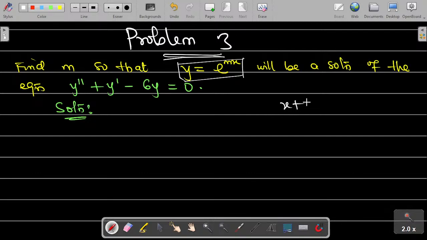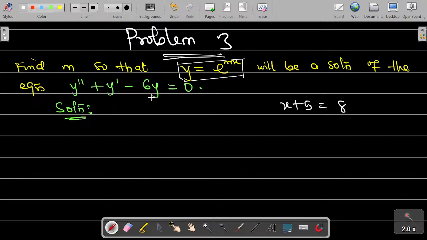For instance, I have x plus 5 equal to 8. How do I interpret what will be the solution of this? I'm looking for a value that I will add to 5 to get 8. That's a value I will substitute here, and this equation will be true. So that's exactly what you're doing here.